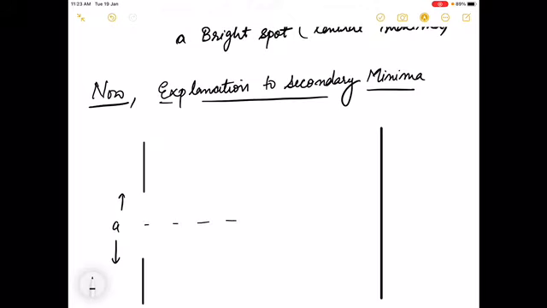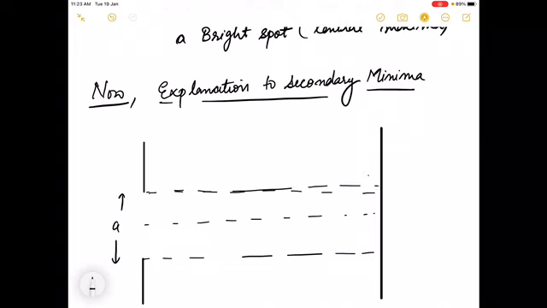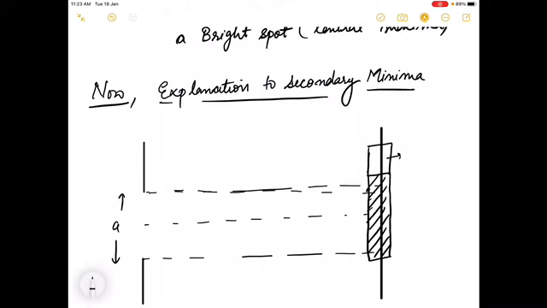And from the center, our bright spot is going to be somewhat this big. This will be our central bright spot, right? Now after that we are going to observe this, which is your secondary minima, yes or no, right?